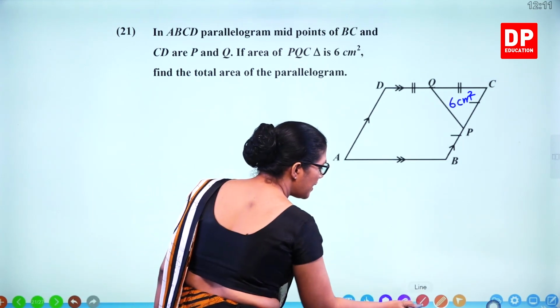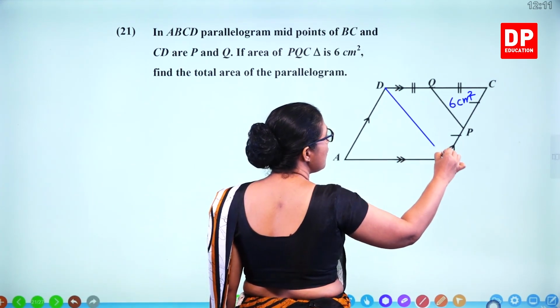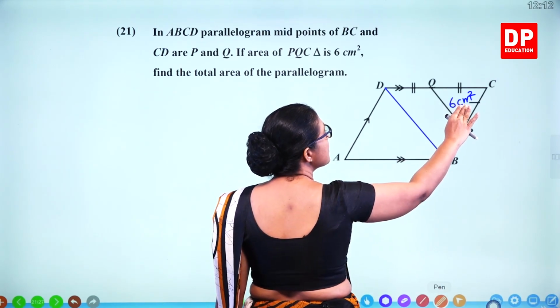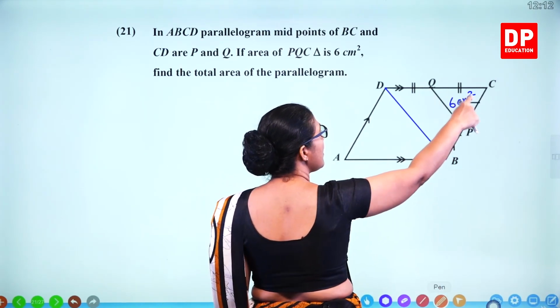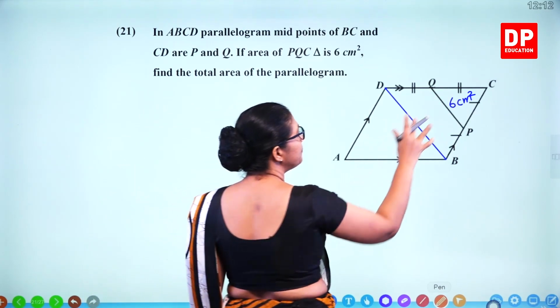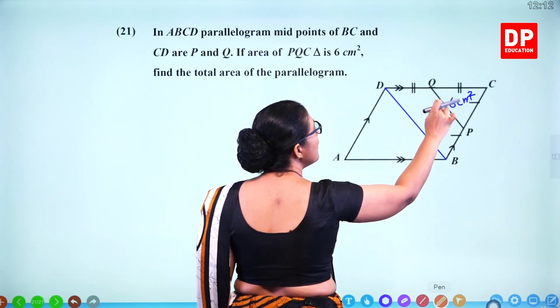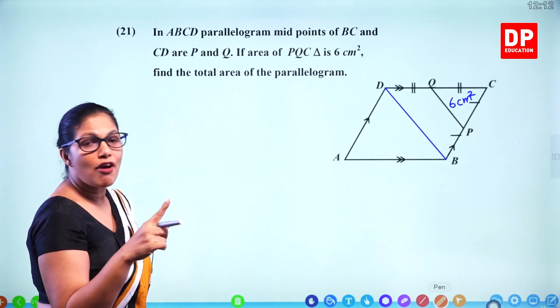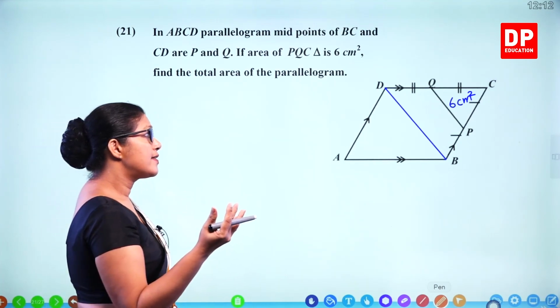We'll draw a line and see. Can you see when you draw a line? This is 6. Can you see using midpoint theorem? So the lengths all doubled in PCD triangle. So area is 6.